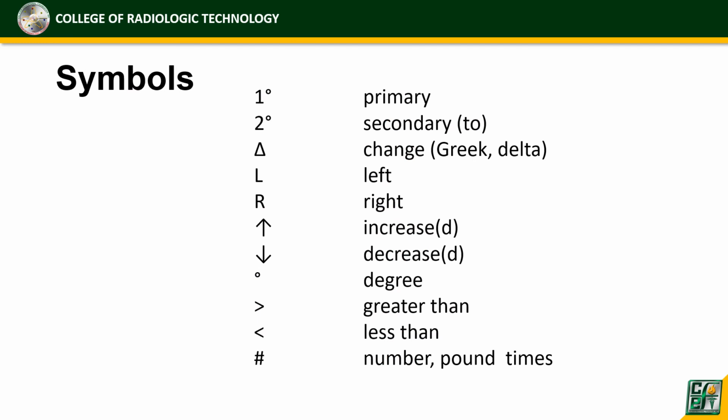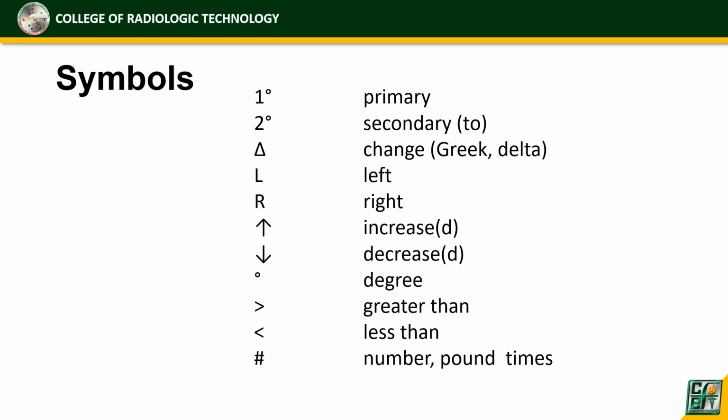Okay, and the following are symbols used in clinical practice. We have the one with the degree symbol, which is primary. Then the number two with the degree symbol is secondary to. Like fracture, secondary to fall. Nagka-fracture siya dahil siya ay nahulog. Okay, the Greek letter delta means change.